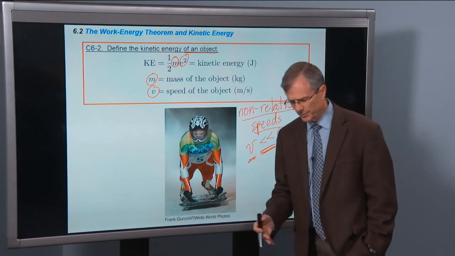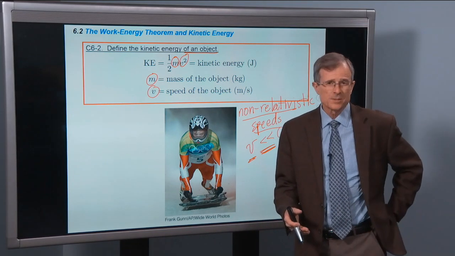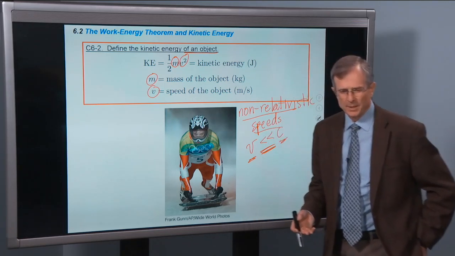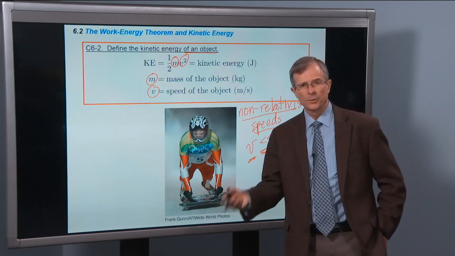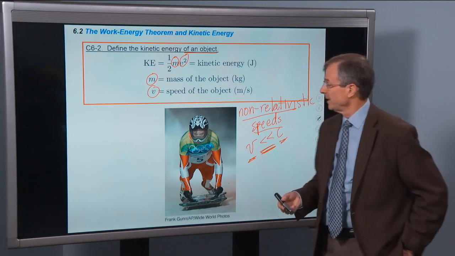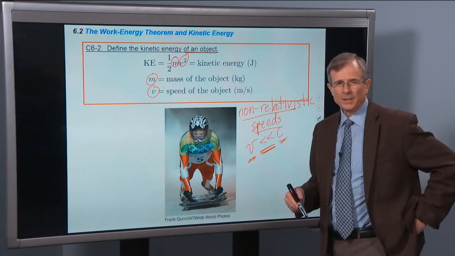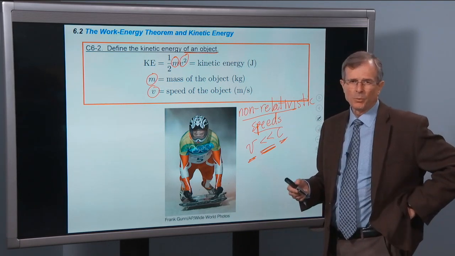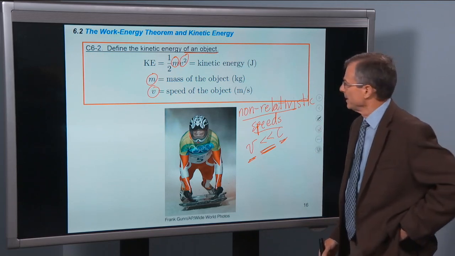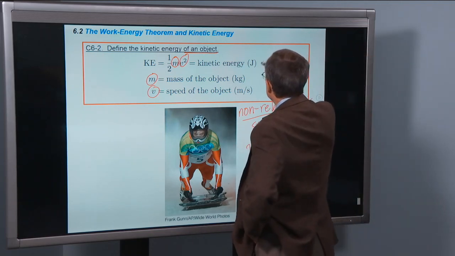There are all kinds of good reasons why this definition of the kinetic energy is the right one. The work-energy theorem is one good reason. When we do relativity is another good reason. It has to have the half there in order to be related in a simple way to the work. Just 1/2 mv squared. This kinetic energy is always positive.